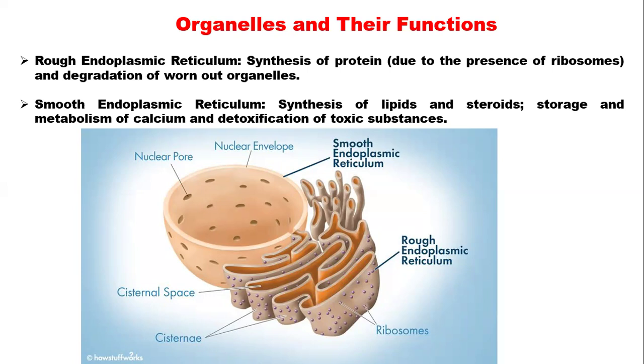Smooth endoplasmic reticulum is involved in the synthesis of lipids and steroids, and also storage and metabolism of calcium and detoxification of toxic substances. If you remember the structure of the cell, where you see the various organelles labeled, this is what we labeled as the endoplasmic reticulum.